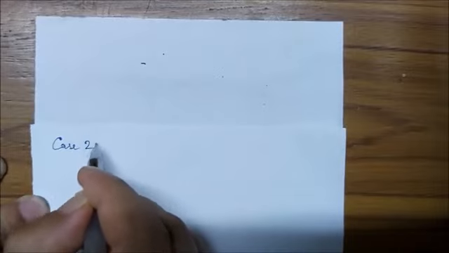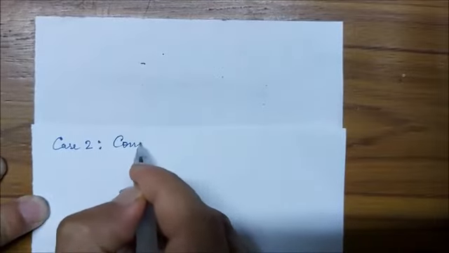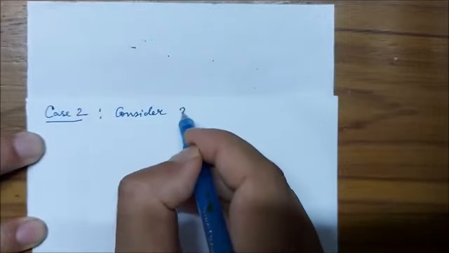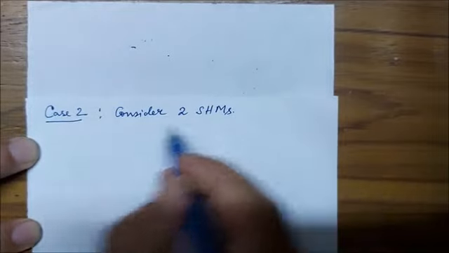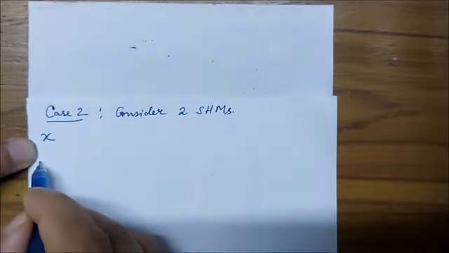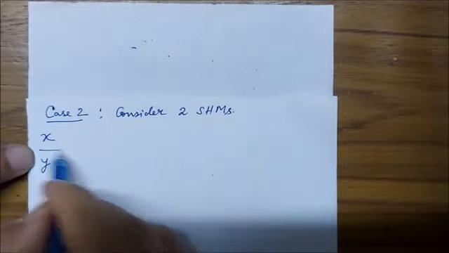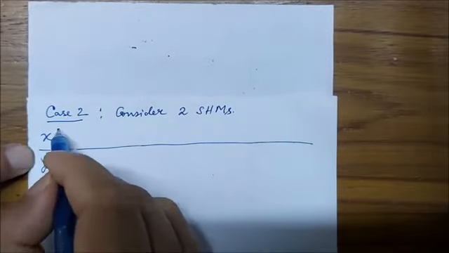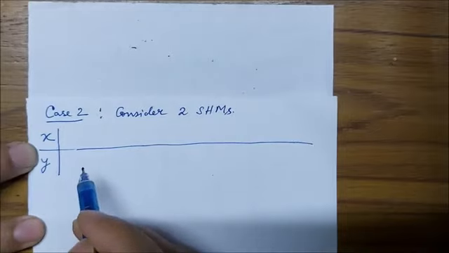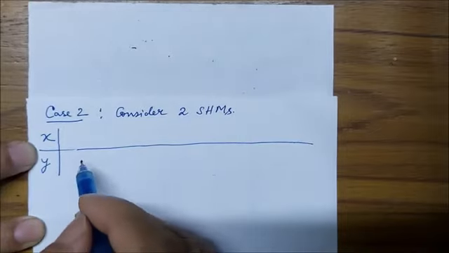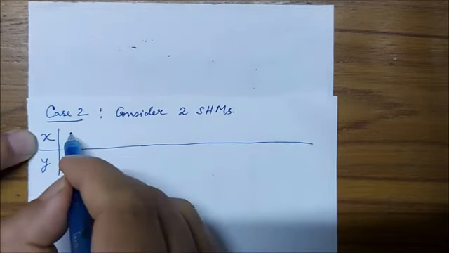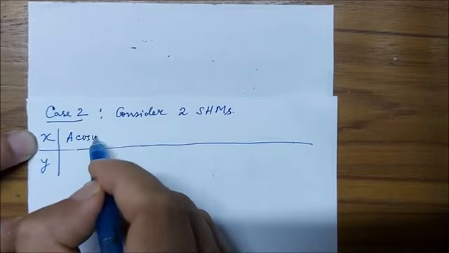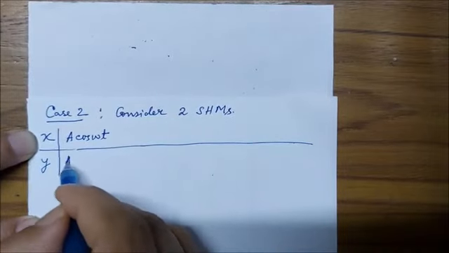We now consider the second case, case 2. We will consider two simple harmonic motions or oscillations. One is given by x and the other is given by y, and they have the form cosine and sine, and therefore there are four possibilities. So case 2a is x is a cos omega t and y is a sine omega t.